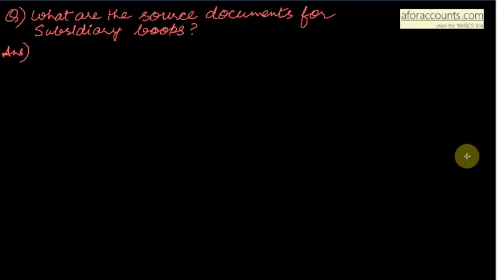Okay. Now next, what are the source documents for subsidiary books? आप बनाओगे किससे? Source document है क्या चीज जिसके बेसिस पे आप subsidiary books बनाते हो? So your first source document is your invoices, or you can call it as credit memo.